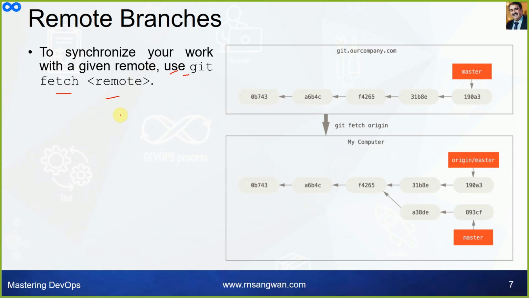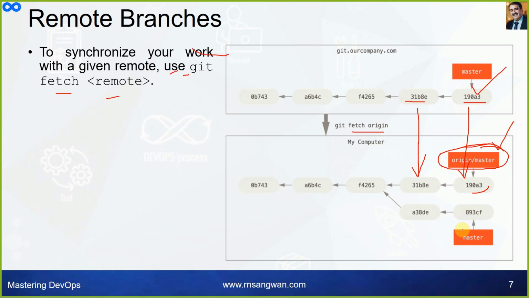Therefore, you get all the changes, including this: the first change was this and the second was this. So both the changes were pulled, that is called fetch. So this is moved. Now your remote pointer, that is origin/master, is moving forward, and is in sync with the remote repository.